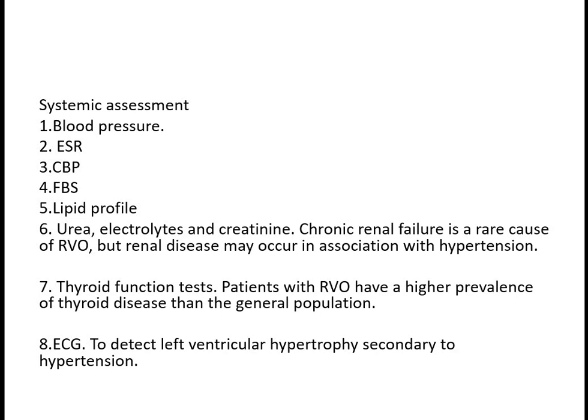Chronic renal failure is a rare cause of retinal vein occlusion, but renal disease is also present in hypertensive patients. Thyroid function test: they found that patients with retinal vein occlusion have a higher incidence of thyroid disease than the general population. ECG: the physician looks for any sign of left ventricular hypertrophy secondary to hypertension.